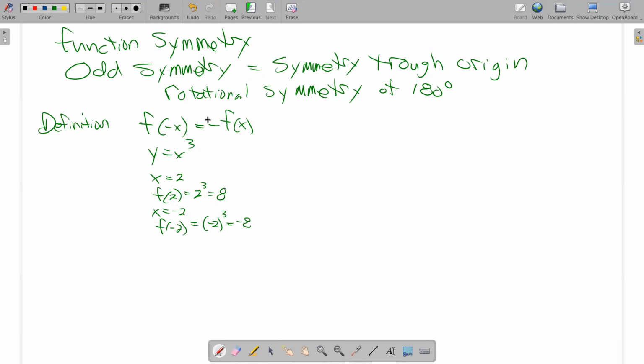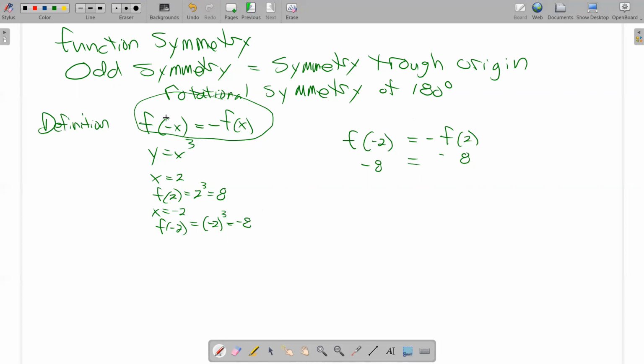So kind of looking at the definition here, if I plug in a negative, I could also look at it as the negative popping out. This says f of -2 should equal the opposite of f of 2. We know that f of -2 is -8, and f of 2 is 8, and then we're putting a negative on the outside. So that's just a numerical example of it.